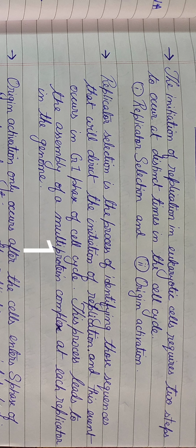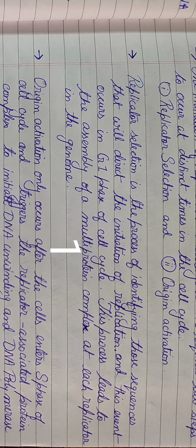First, the proteins involved in initiation identify the sequences that will direct initiation of replication, and this event occurs in the G1 phase of the cell cycle.